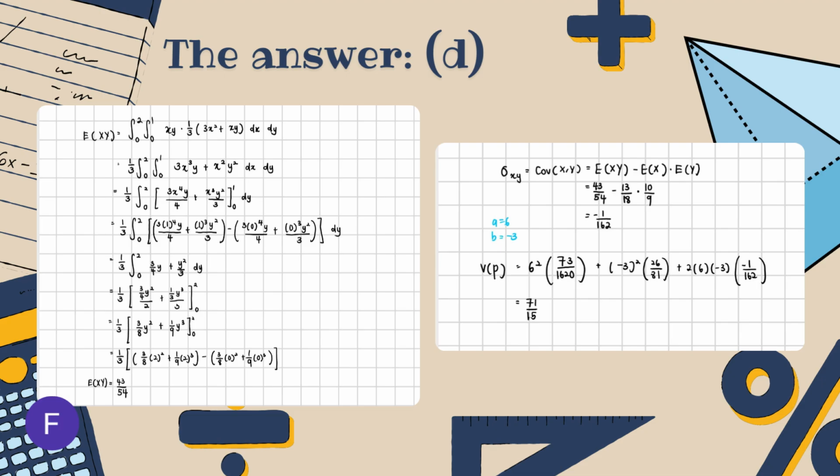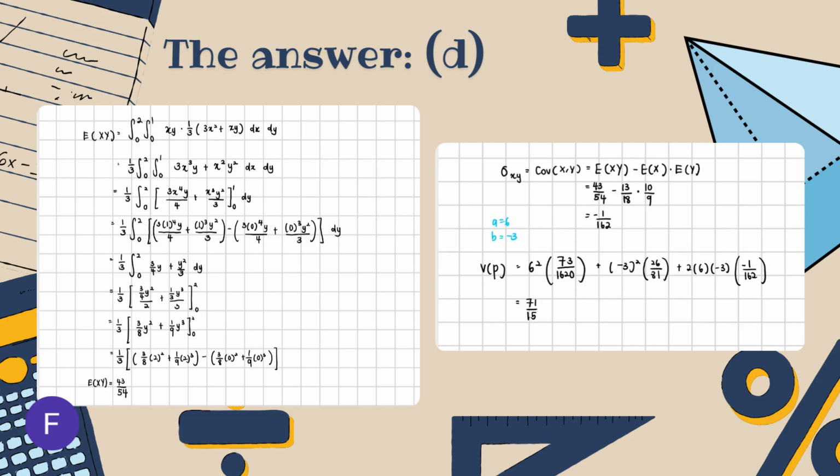The equation for covariance is E(XY) minus E(X) times E(Y). To find the expected value of xy, we use the joint probability density function fxy. We need to use double integration, which is x from 0 to 1 and y from 0 to 2.